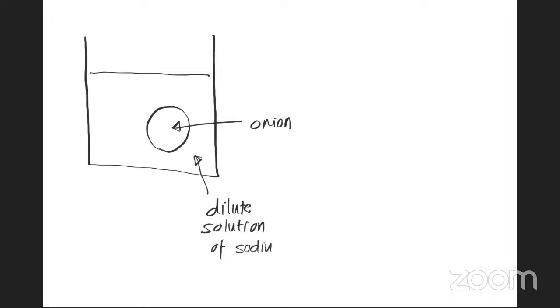What is the question? The onions gain mass. The onions are placed in dilute sodium chloride solution. This is onion, O-N-I-O-N, onion. This is a dilute solution of sodium chloride. When you put it in here, the mass of the onion increases. So, Linda, the mass of the onion increased, so is it because water came into the onion, or because water went out?